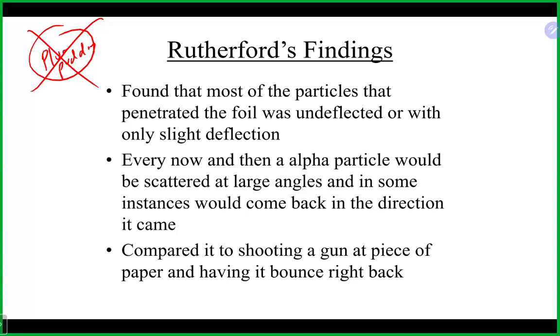So what they had to do was throw away the plum pudding model and go, maybe that's not so good of a model of the atom, and come up with the modern version of the atom, which is the atom is mostly empty space and it does contain a very, very positive core, which was later referred to as the nucleus.